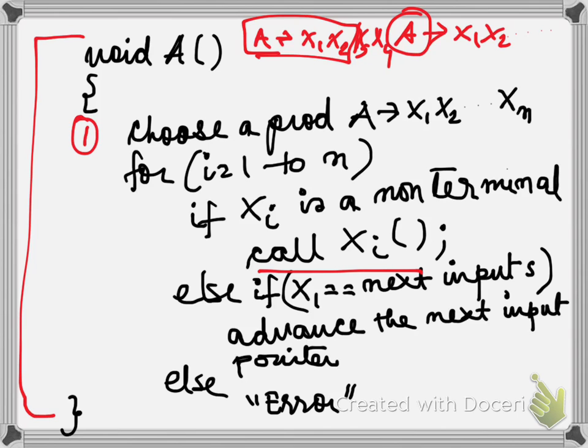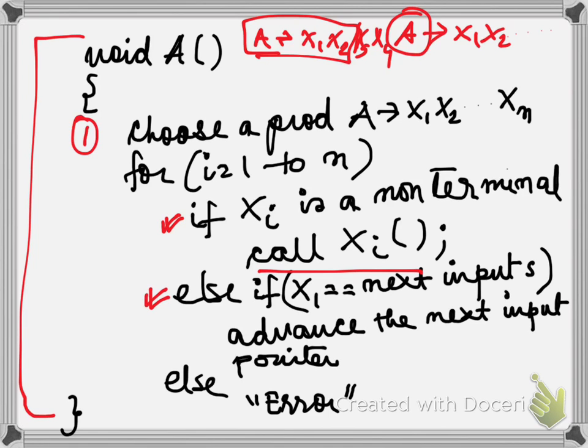If it is a terminal, we will try to match: if xi is equal to the next input symbol, then we have found the match, and we will advance the next input pointer to read the next input symbol. So either it is a non-terminal, in which case we call the procedure corresponding to that non-terminal, or we try to match if it is a terminal.